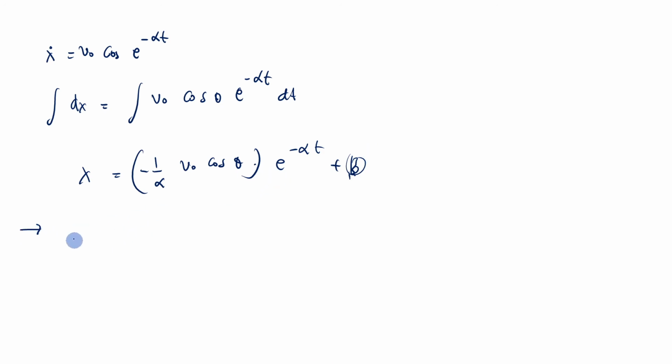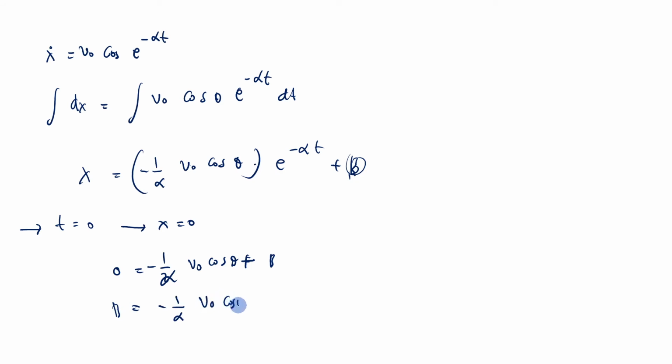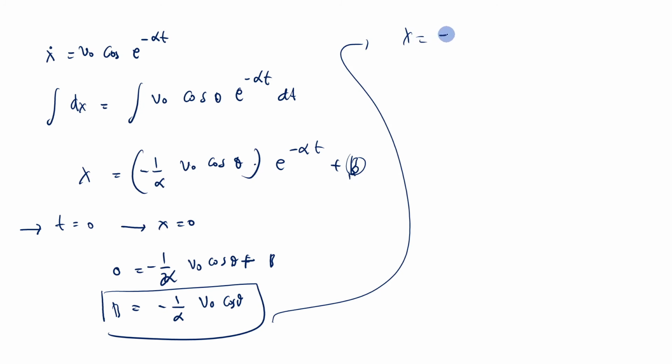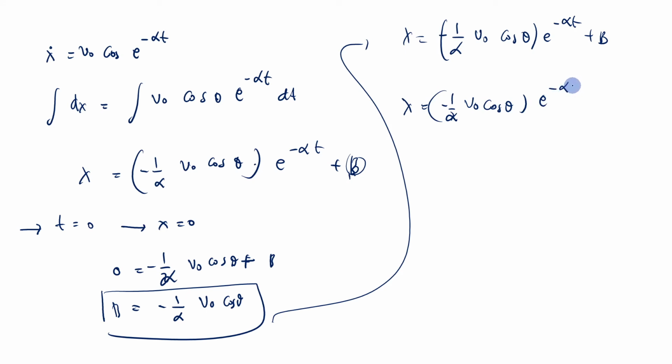So we can take the approach t equals 0, where the initial position is 0, so that 0 equals minus 1 divided by alpha V0 cos theta plus b, and b gives us V0 cos theta divided by alpha. x is equal to minus 1 over alpha V0 cos theta e to the minus alpha t plus b, and we can substitute b like this: minus 1 over alpha V0 cos theta e to the minus alpha t plus this term, of course.